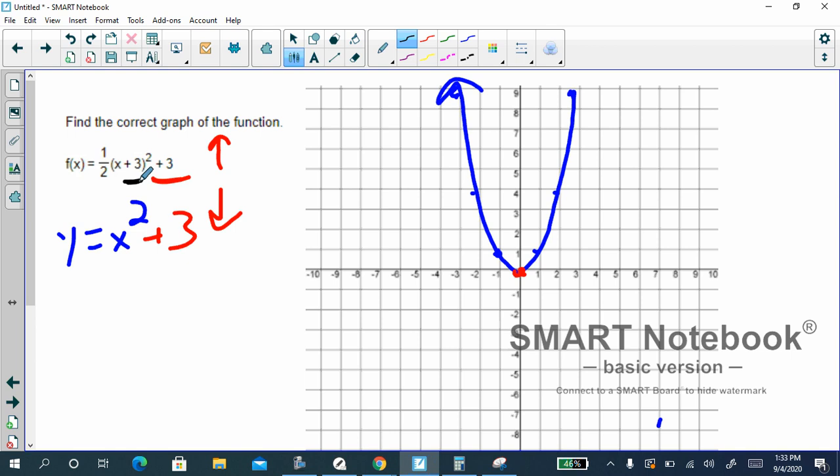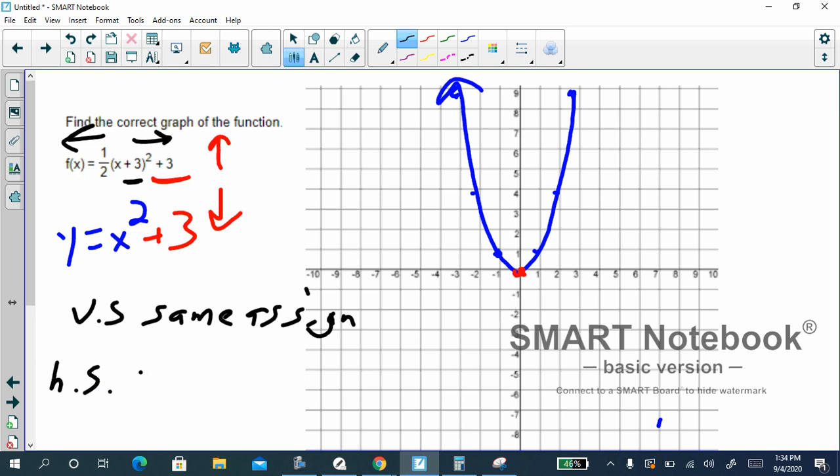Notice we also have a number added or subtracted directly to the x. That determines how much right or left we go. But this is a little trickier. For the vertical shift, we go the same direction as the sign, meaning that up is positive, down is negative. For a horizontal shift, we go the opposite.